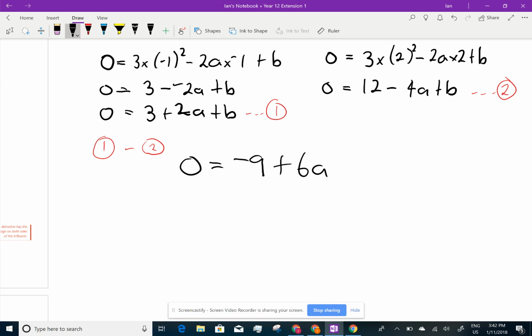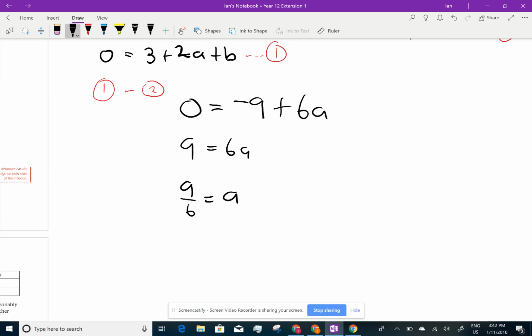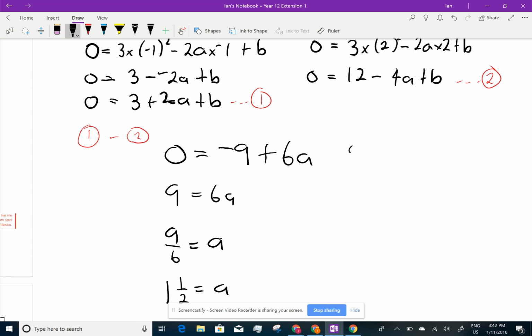So I get 9 equals 6a. So I get 9 on 6 equals a, which gives me 1.5 equals a. I'm just going to check that. It's question 15. a is 1.5. And all I do now is sub that in to either of those equations. So sub a equals 1.5 into 1.